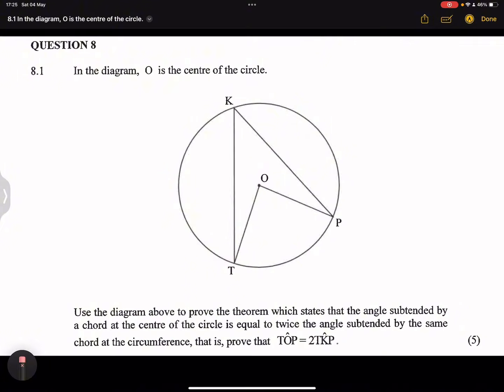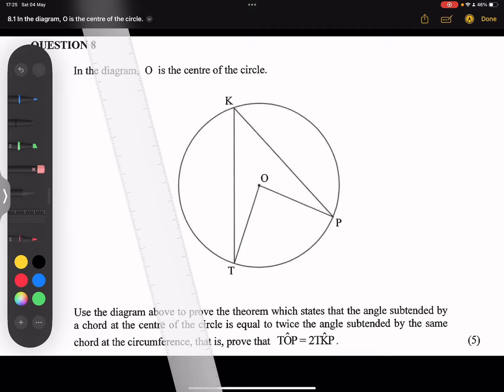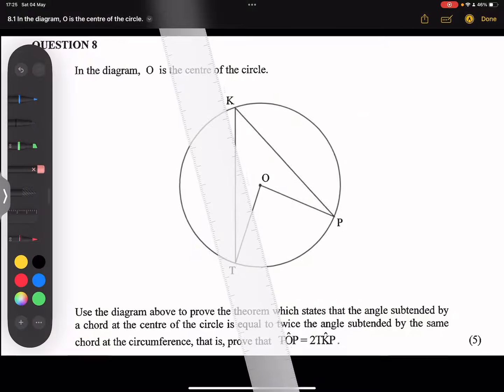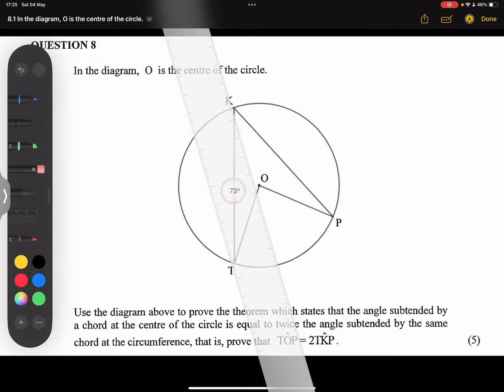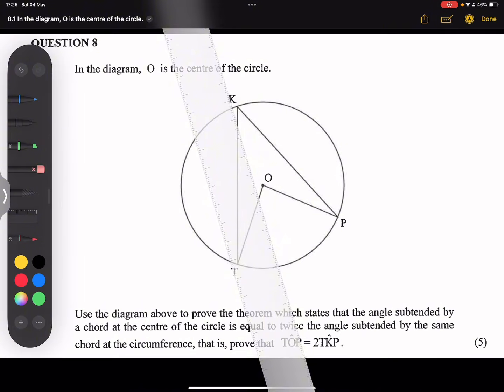Now, the first thing that you're going to do, ladies and gents, every time we are proving this, so first of all, we're going to make a construction line. And please, when you construct that line, also state it. So I'm going to construct line KO. Okay, I'm just trying for it to be as accurate as possible.